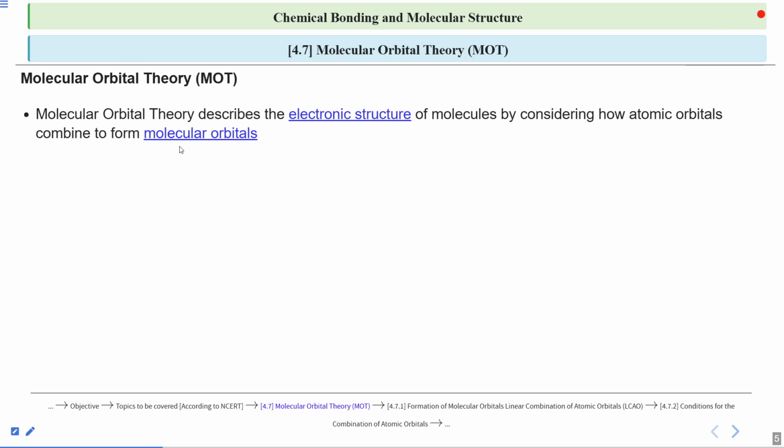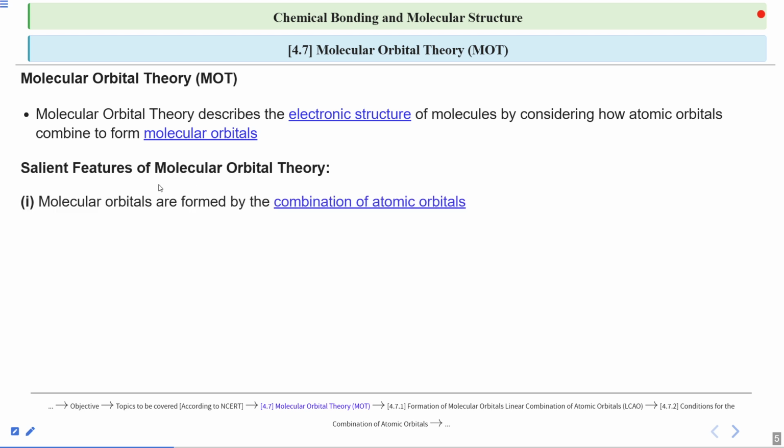So, what would be the features of these molecular orbitals? If I write the salient features of molecular orbitals, then the first and the most important point is that molecular orbitals are formed from the combination of atomic orbitals. In the previous class, when we were talking about hybridization, there also we said a similar thing.